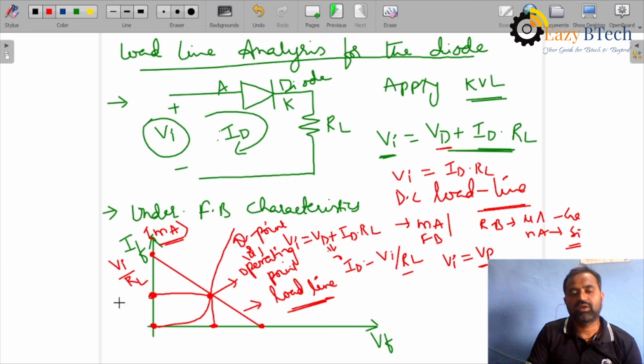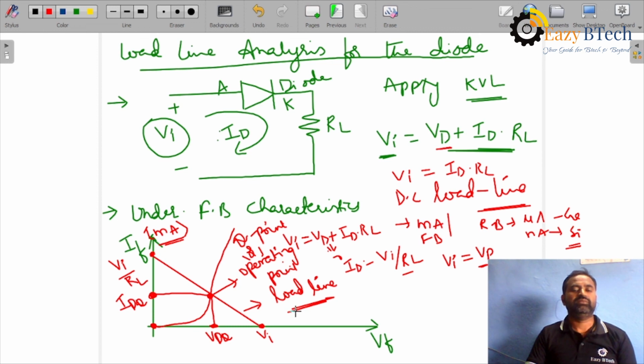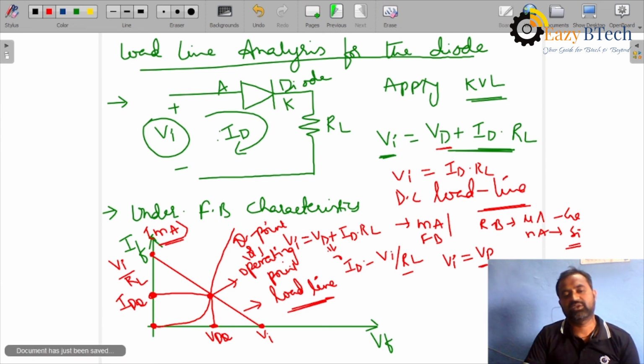This we call IDQ, and this we call VDQ. This is VI. This is load line analysis. You can solve a problem on this.